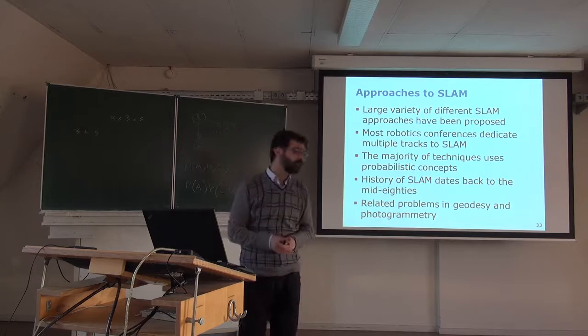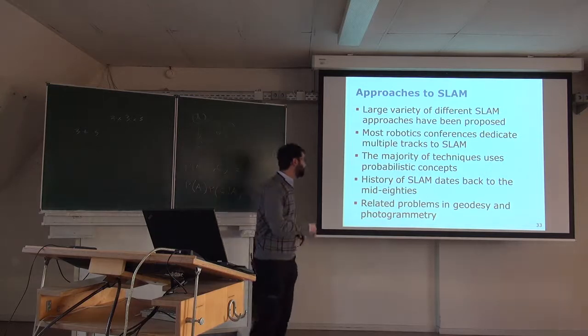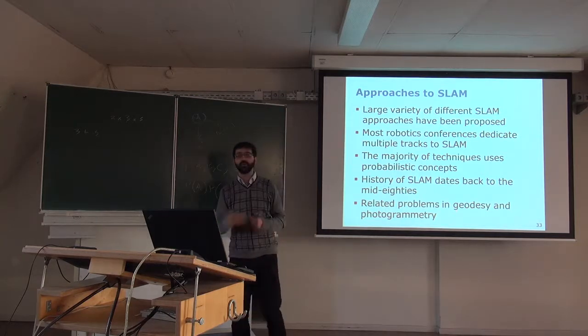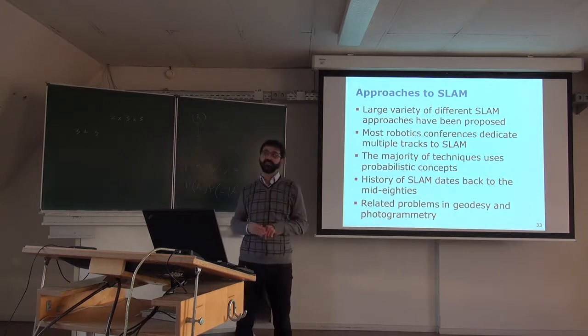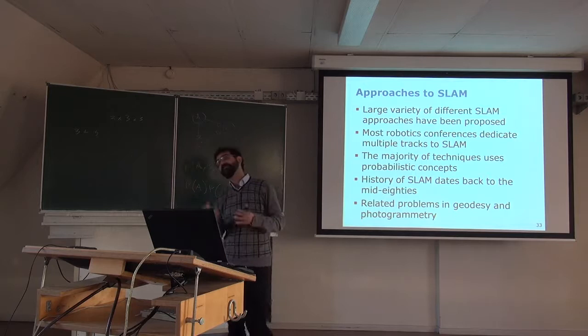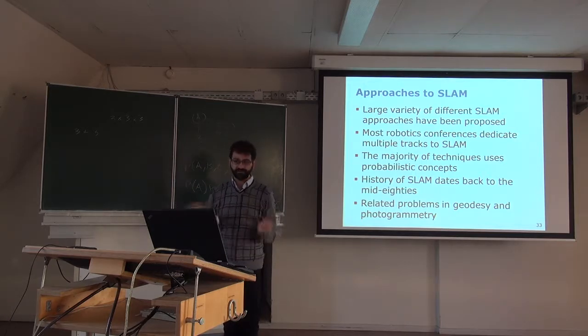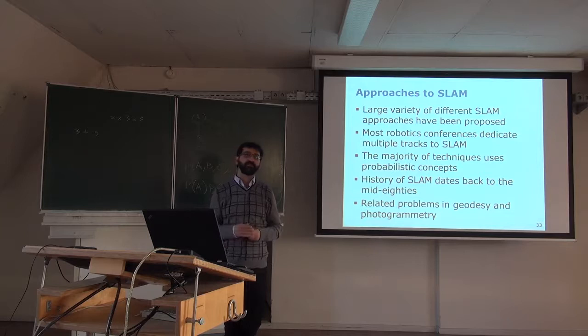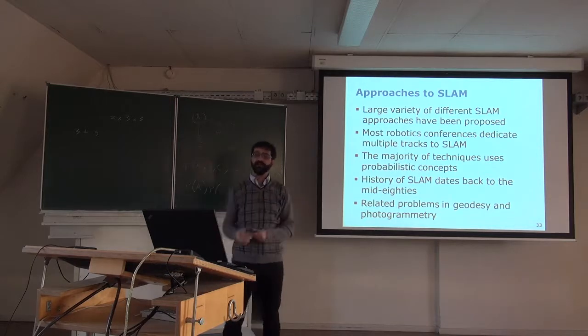For the people who do not know, geodesy is the science that studies the Earth, and photogrammetry is the science that studies how to build maps of the world. They come from a different background. Photogrammetry comes from the explorers that went around the world and tried to draw maps of what they were seeing.